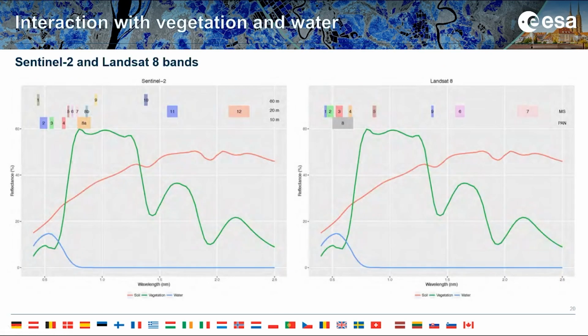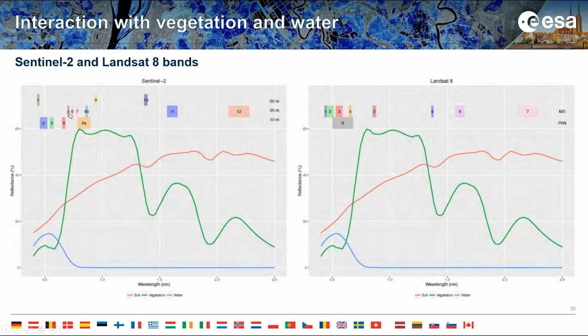This is the comparison between Sentinel-2 and Landsat, the spectral bands. The red line is the soil, the green is the vegetation, and the blue is the water.